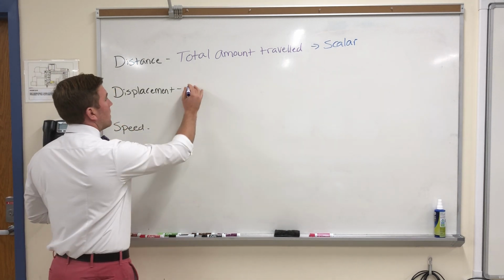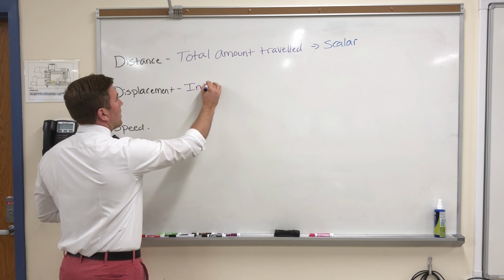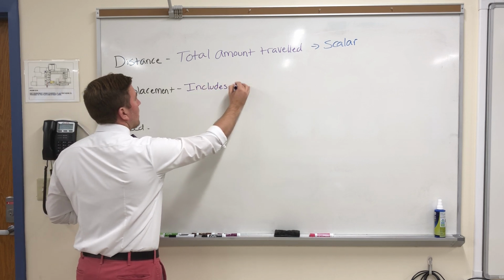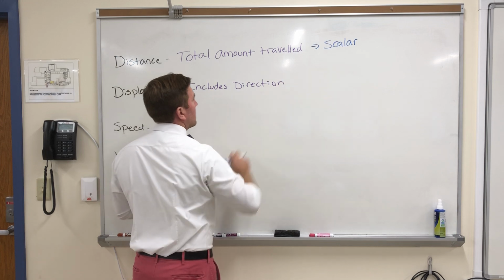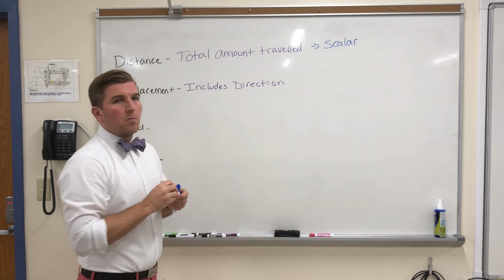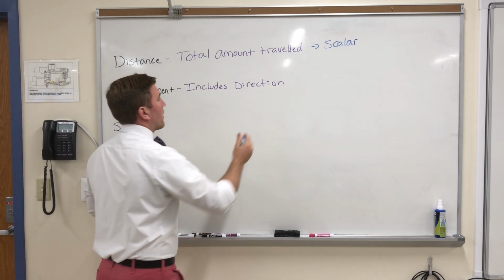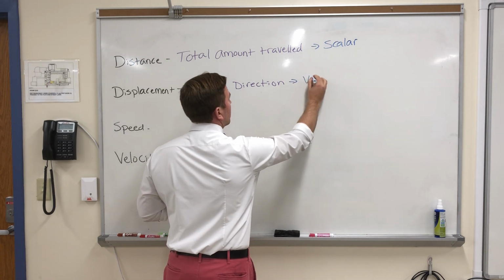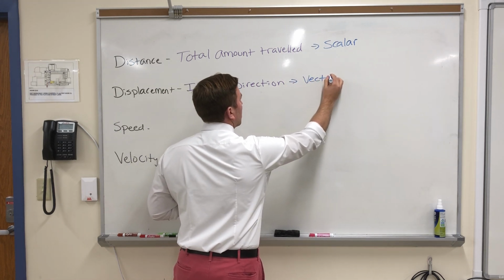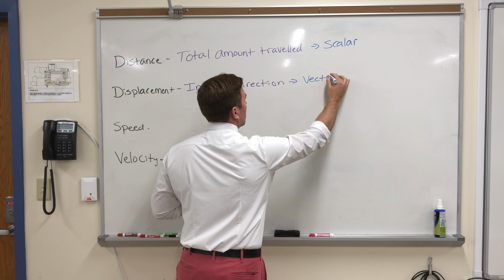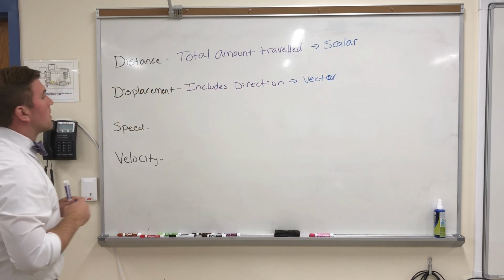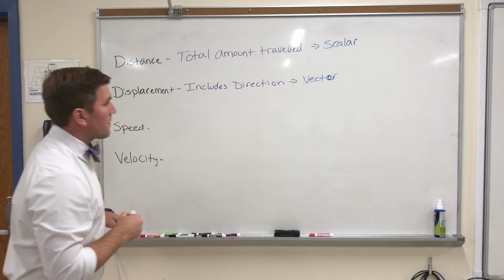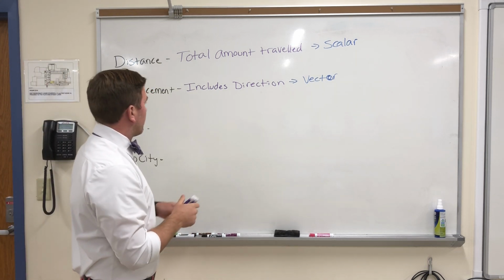Displacement is basically distance with a direction. When you include a direction with a magnitude, the word for that is a vector. So distance is a scalar quantity, displacement's a vector quantity. Vectors have direction.